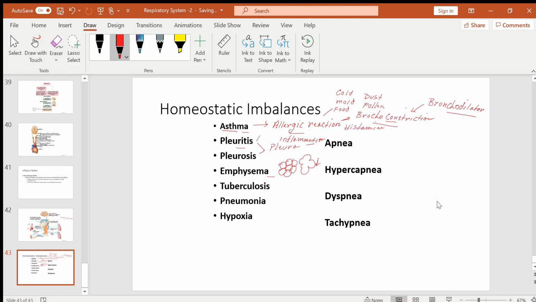Tuberculosis. Tuberculosis is a bacterial infection in the lung tissue.